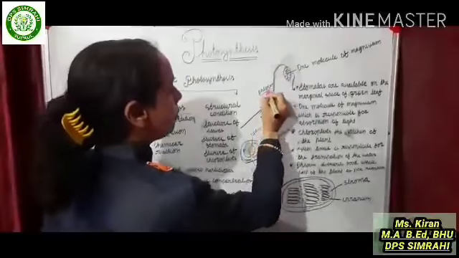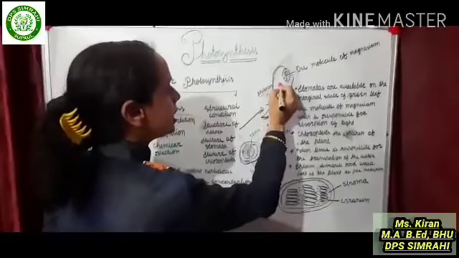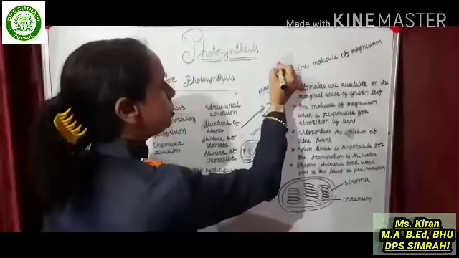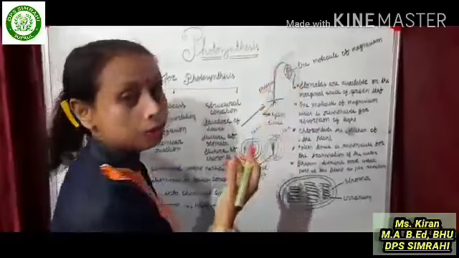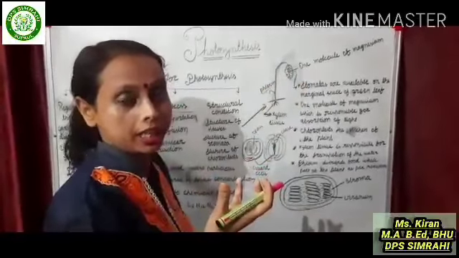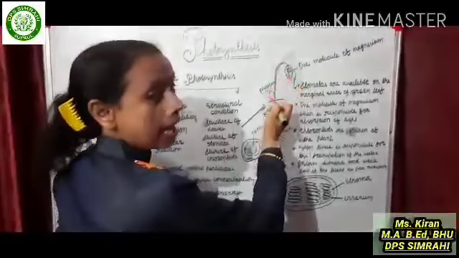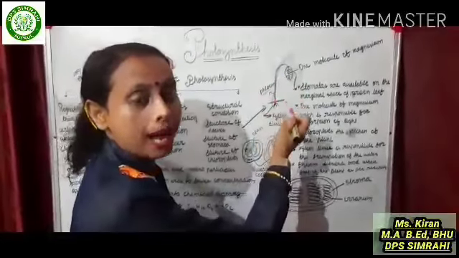Next one is phloem. Phloem is the tissue which distributes food material to each and every part of the plant.